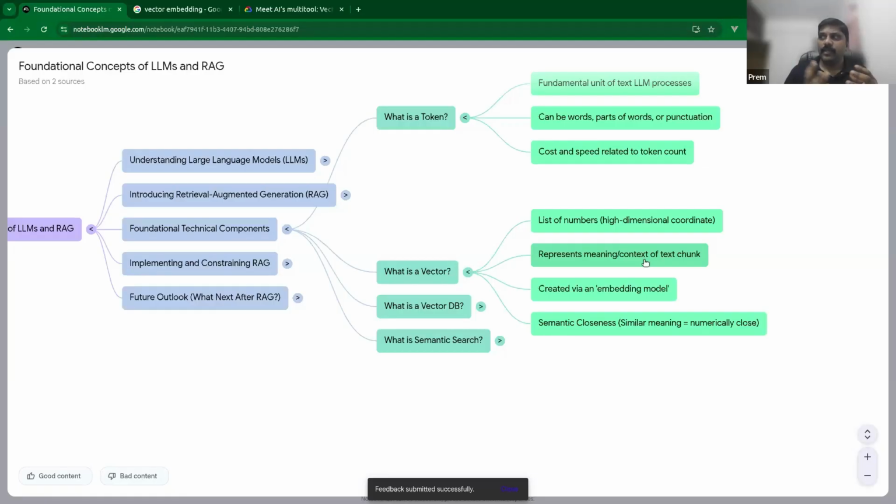And then, okay, these embedding models give you the numbers, and you need to store them somewhere, right? You need a database to store them. So that is what a vector database is. So now comes another concept. We know we need to create vectors.